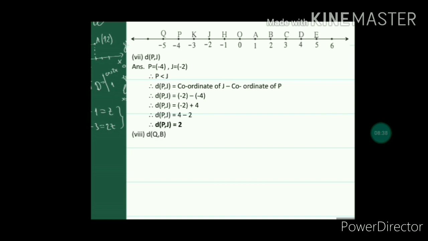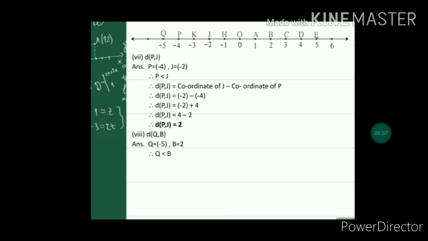Another example is find distance of QB. Here coordinate of Q is -5 and coordinate of B is 2.